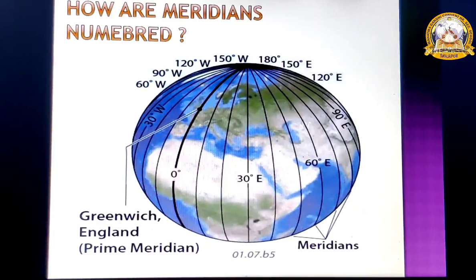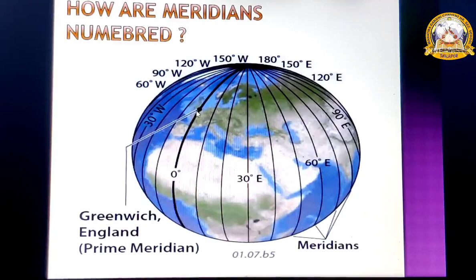So in 1884, it was decided to fix Greenwich, a place near London, as the starting point for numbering the meridians. See, this is Greenwich, a place in London.